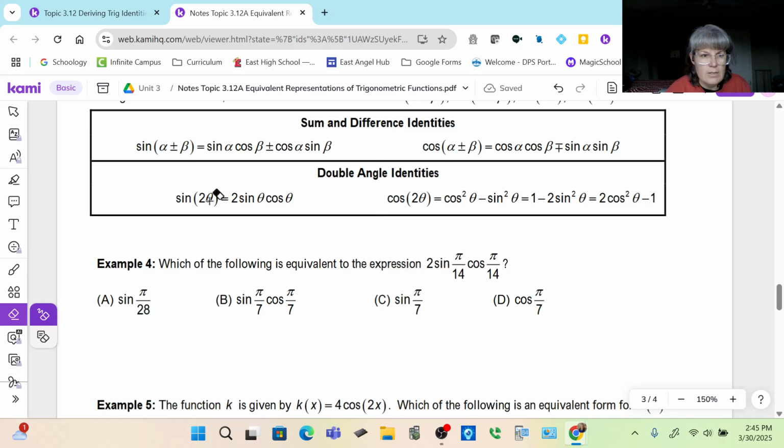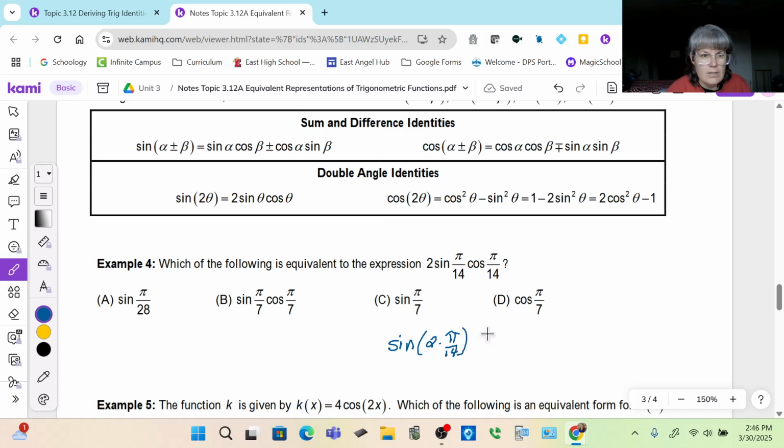I can write this sine of 2 theta then as sine of 2 times pi over 14, which means I would have sine of 2 pi over 14. And since none of my answer choices involve a denominator of 14, let's simplify this. 2 pi over 14 is going to simplify to pi over 7.